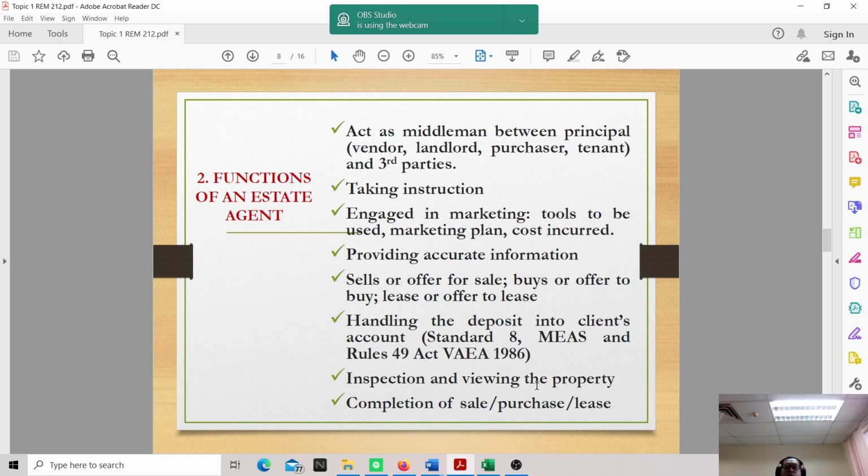You cannot do the legal documents because that is the lawyer's work, but you can help to negotiate. You can help the principal and also the buyer to complete the sale. Okay.